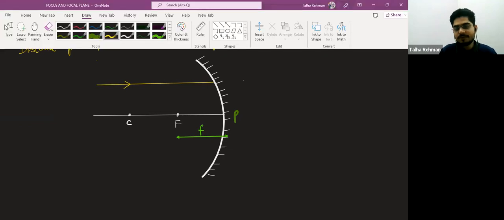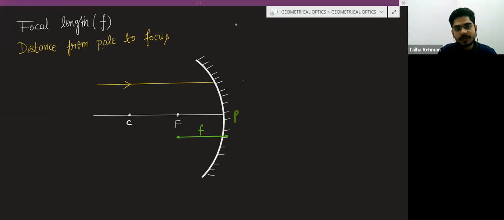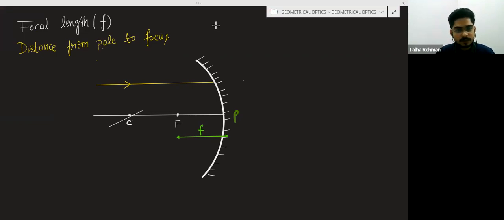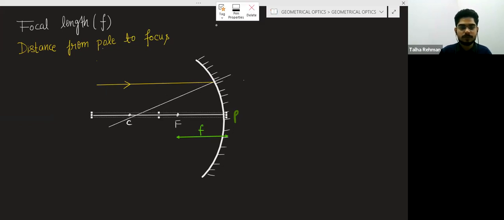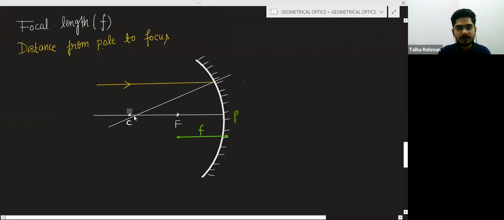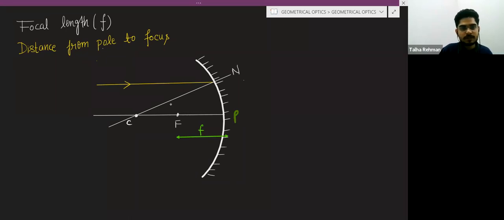So after striking the mirror, reflection will take place. So for that we will draw a normal. The normal to the mirror will always pass through the center of curvature. So this is the center of curvature C, and this is the normal.